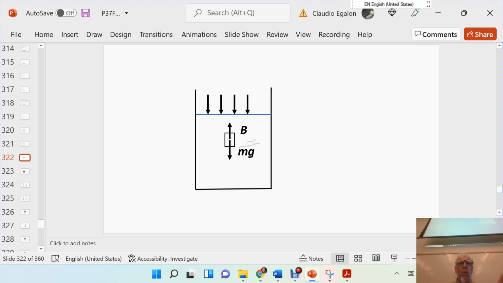It happens whenever you're submerged in any fluid, whether it's water, liquid mercury, alcohol, even here in the atmosphere. We are submerged in a sea of oxygen and nitrogen, and these apply a buoyant force on us, but it's not that obvious. We don't feel it.